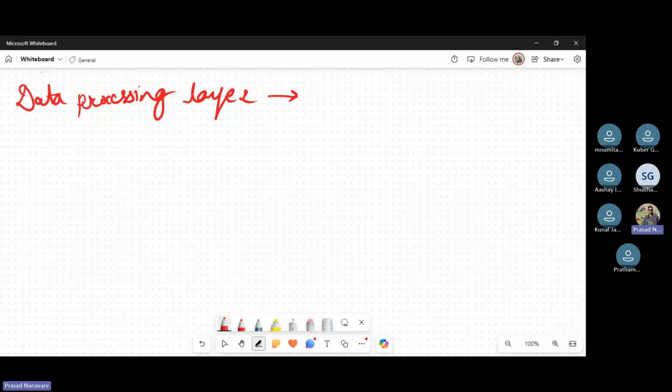So this layer is mostly responsible for receiving raw data, then processing it and making it available for further analysis. So you have received data in raw format. This layer will process the data, convert it into a readable or whatever is the intended format, and get the data ready for further analysis.